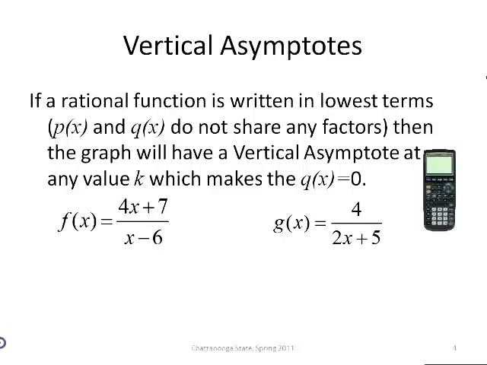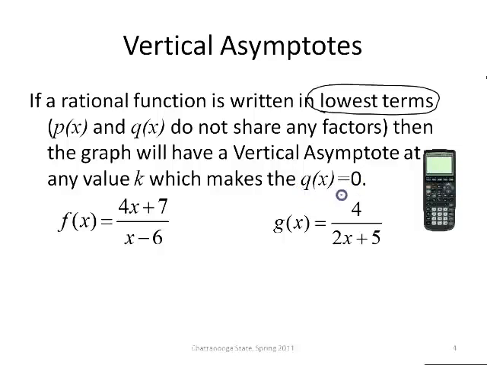When we have a rational function that's in lowest terms, that means we cannot remove any factors. There are no common factors between the numerator and the denominator. Then the graph will have a vertical asymptote at any value k which makes the denominator 0.